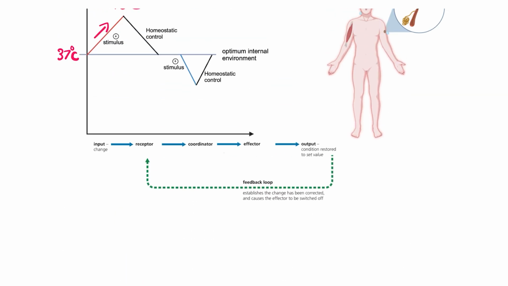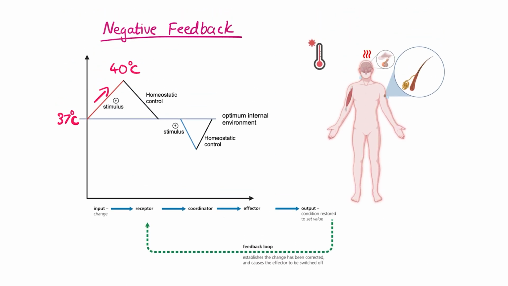So, as a quick recap, homeostasis is going to be the mechanism by which the body maintains its internal environment. Any change in the external or internal environment that can cause a change in the organism's internal environment would be considered a stimulus, and this will be detected by receptors.